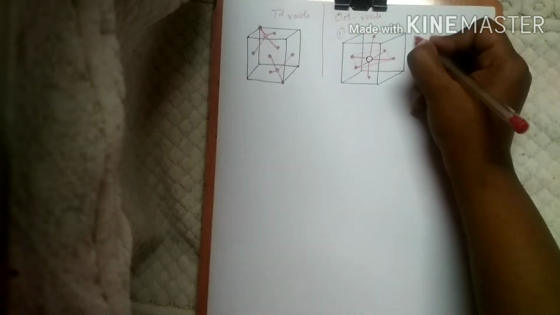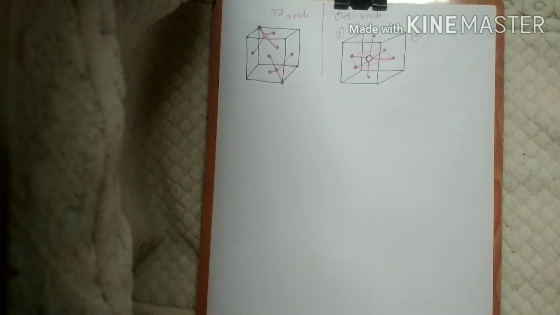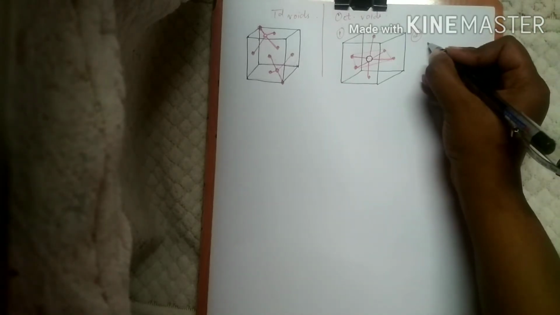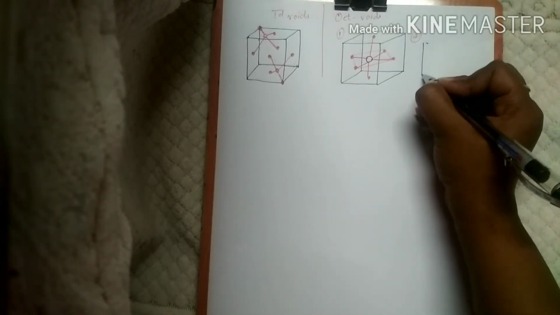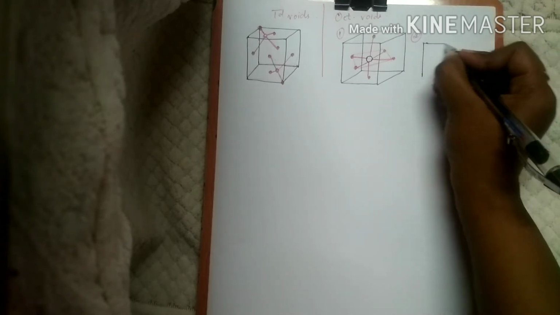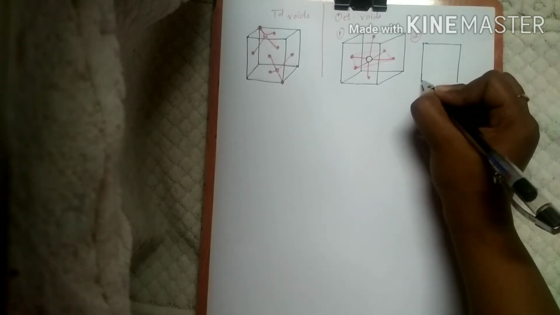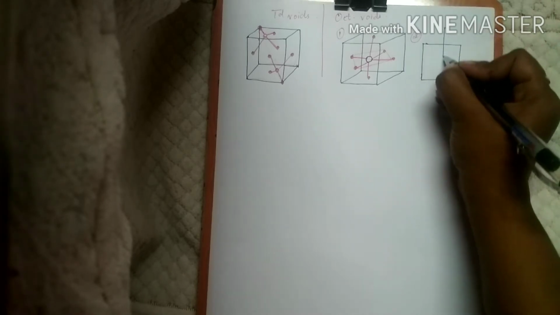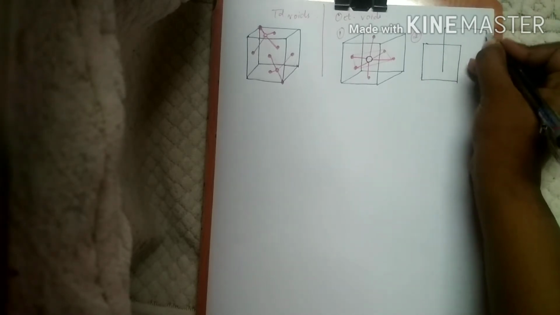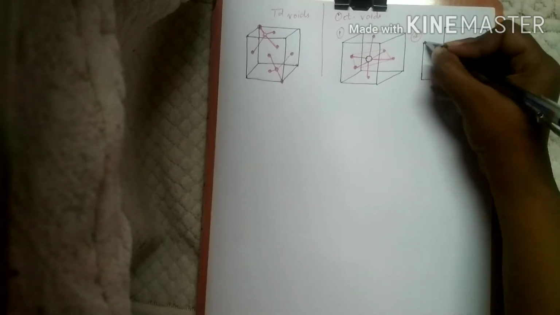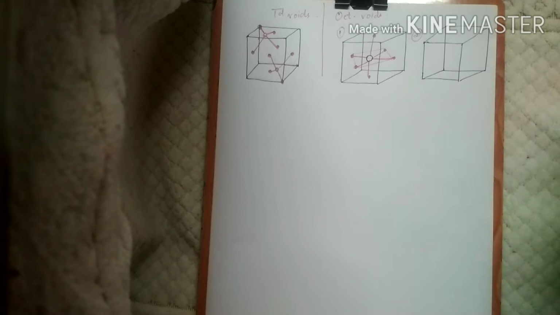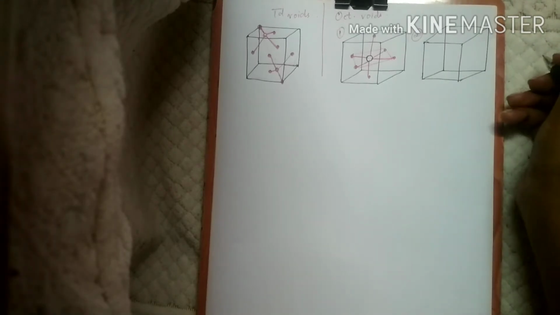Second type of octahedral void is the one formed at the edge centers. For that again consider a unit cell. Suppose this is one unit cell.